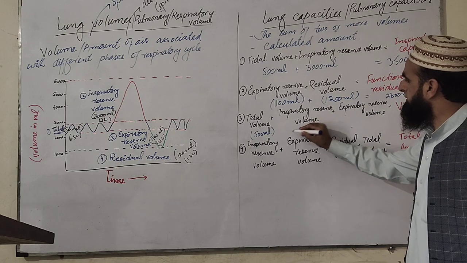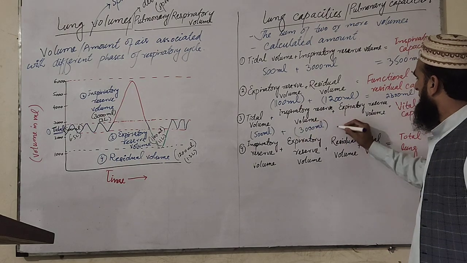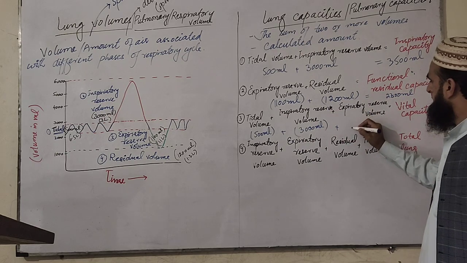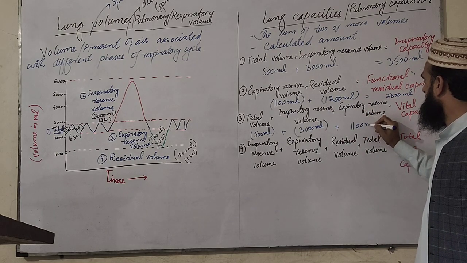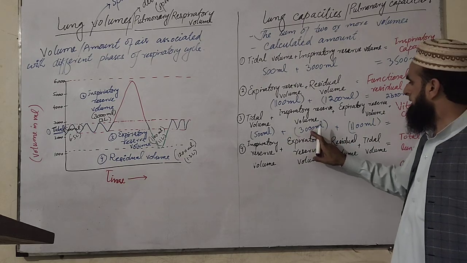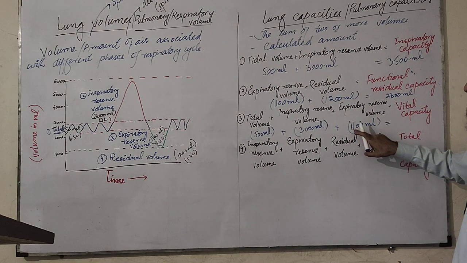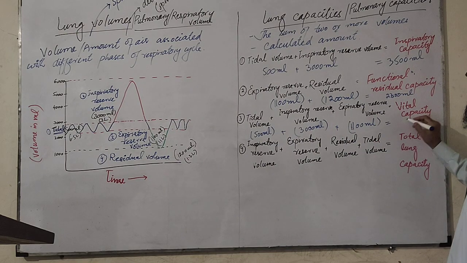Inspiratory reserve volume is equal to 3000 ml, and expiratory reserve volume is about 1100 ml. Calculating this, 3000, 3500, 3600, 4600. So the vital capacity is about 4600 ml.